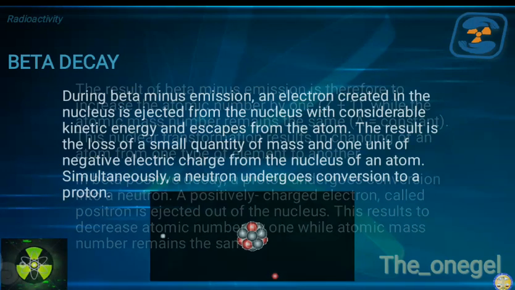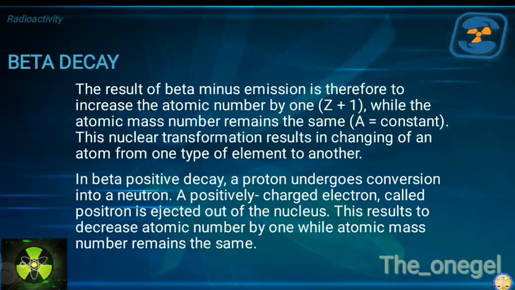So, the result of beta minus emission is therefore to increase the atomic number by 1 while the atomic mass number remains the same. This nuclear transformation results in changing of an atom from one type of element into another. Para mas madali niyong maintindihan, bibigyan ko na lang kayo ng hint or clue.